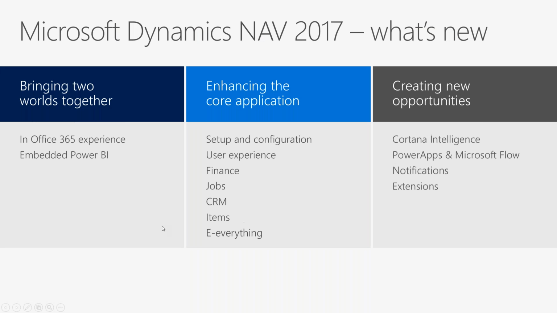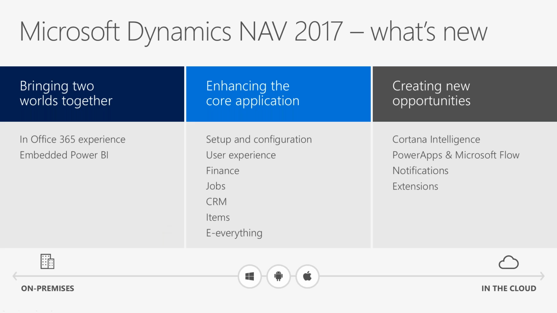I'm sure many of you were at Directions, and to a certain respect, we presented some of this information at WPC prior to Directions, and have continued to bring the message of Dynamics NAV 2017 and the amazing release that it was. Just as a reminder, the three core things that we concentrated on for that release.